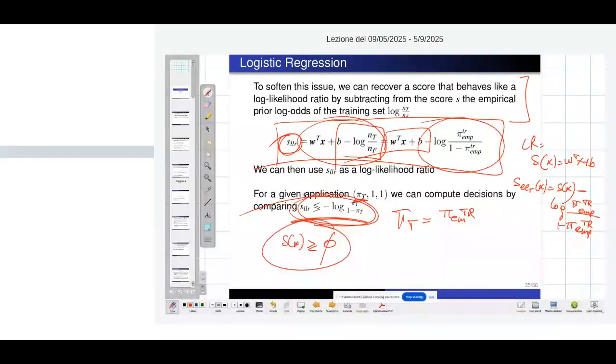So our decision rule was the correct decision rule for an application which has the same prior as the empirical training prior. However, this allows us to adapt the score to different applications.